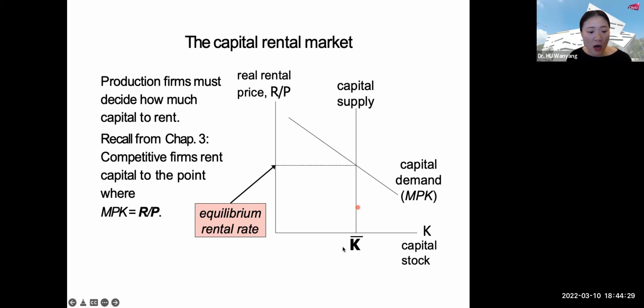We use K bar to indicate this capital supply, and this is the capital demand, the marginal product of capital. We find the intersection and get the equilibrium rental rate. So this is a graphical tool to identify the equilibrium rental rate and equilibrium capital stock. Keep this formula in mind. We are going to come back to it later.